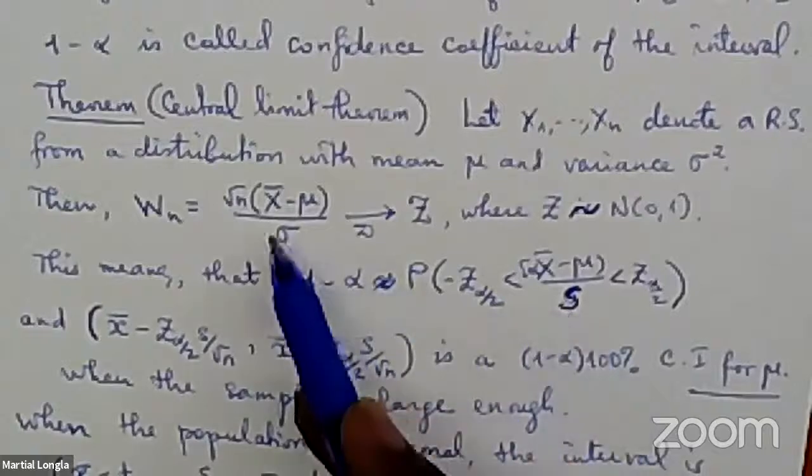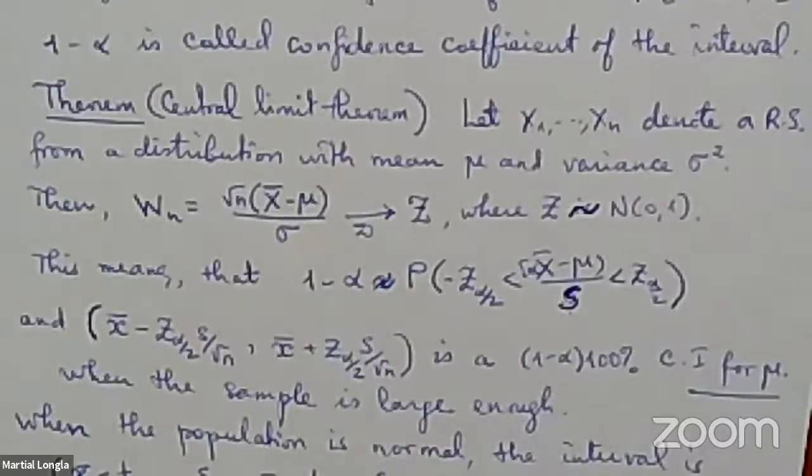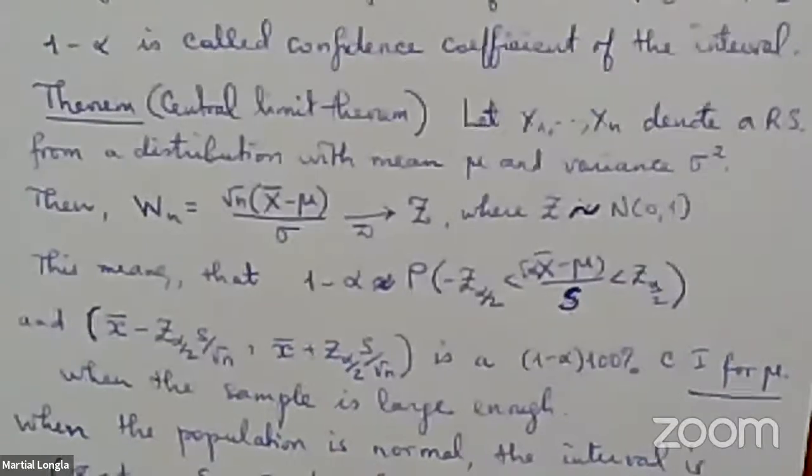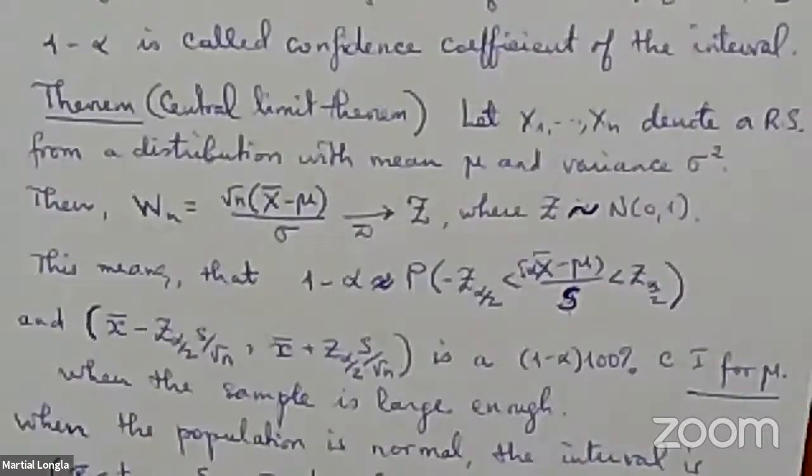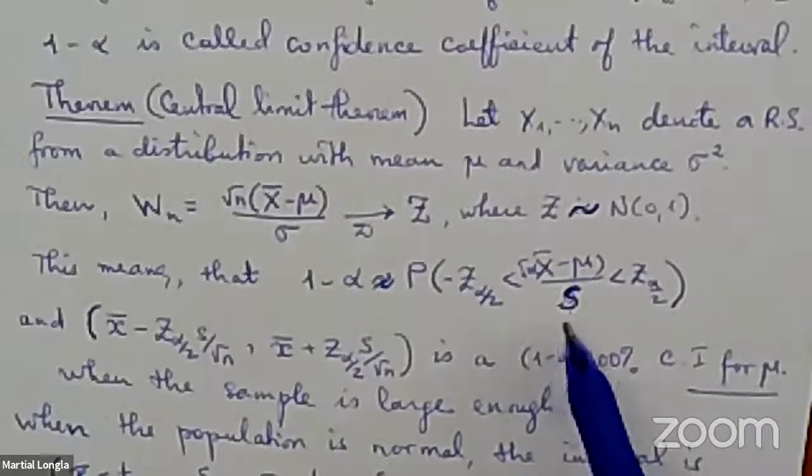In Wn, you replace sigma by s, where s is the estimator of sigma. We had s squared equal 1 over n minus 1 sum of xi minus x bar squared, and we proved that the expected value was sigma squared.